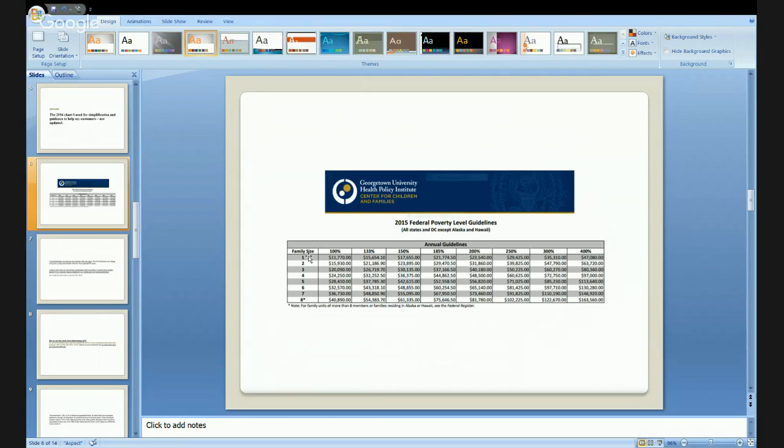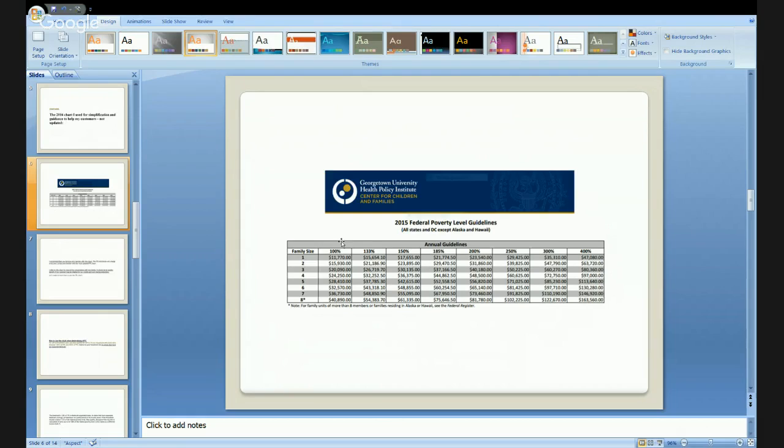And as you go across the chart, moving to the right, you can see that 100% of the federal poverty limit chart for year 2015 is $11,770. 150% of the federal poverty limit chart is $17,655.